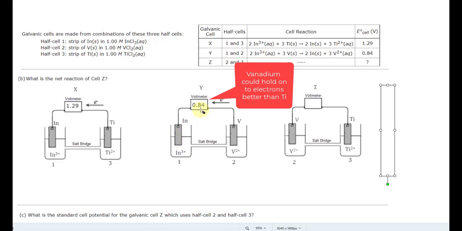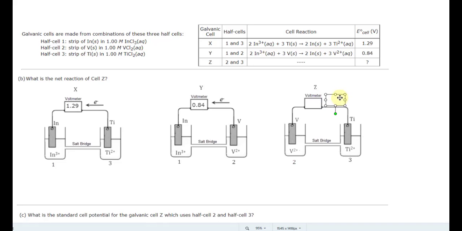It lost by 0.84 volts. Here, titanium lost by 1.29 volts. So the titanium's not as good at holding electrons in against indium plus 3 as vanadium is. So vanadium's got to be better at reducing. Hence, vanadium must be better at pulling in on electrons than titanium.